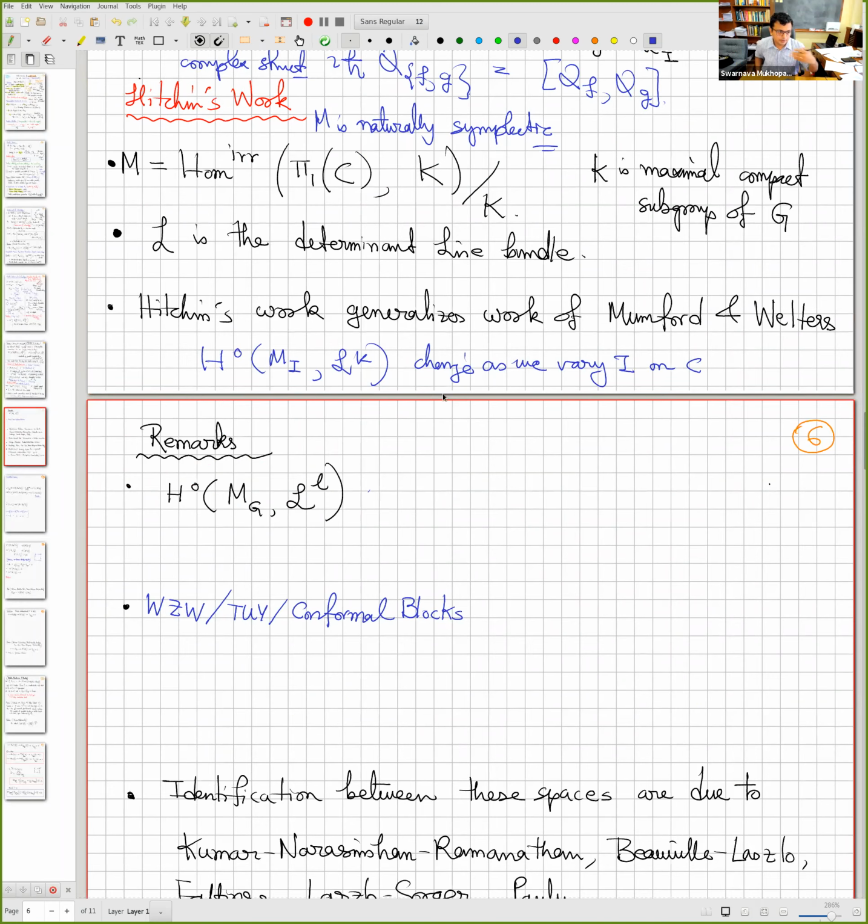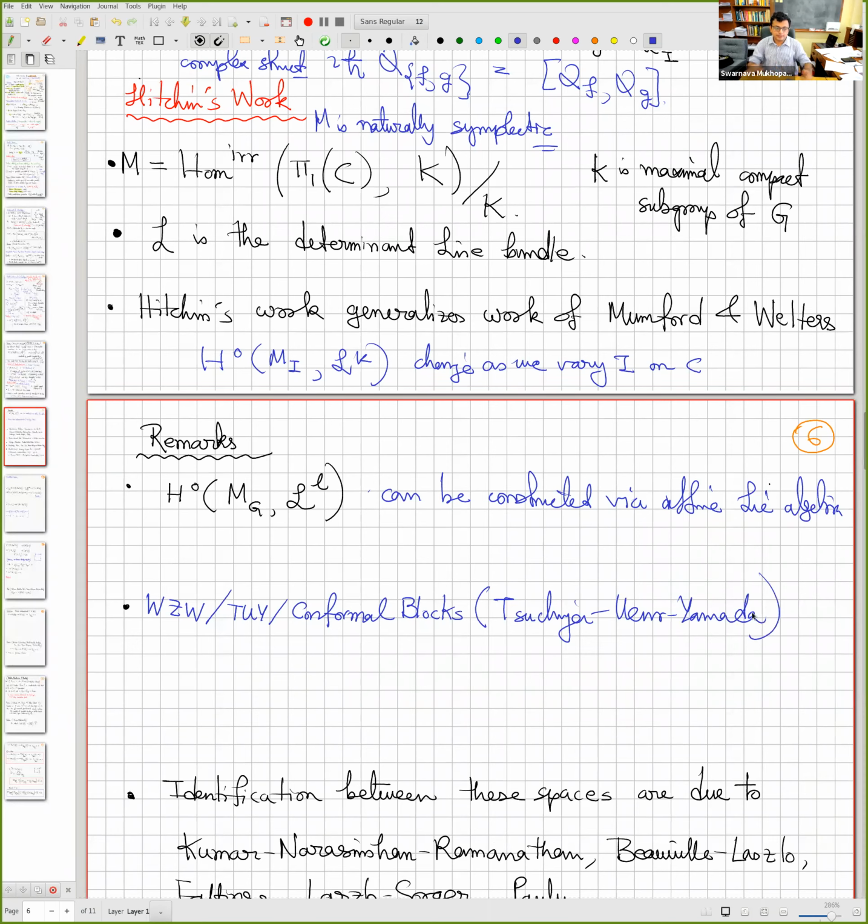So this question has been studied again, as I mentioned, from a different perspective. M can be constructed via affine Lie algebras. This was a starting point of a very beautiful work of Tsuchiya, Ueno, and Yamada.